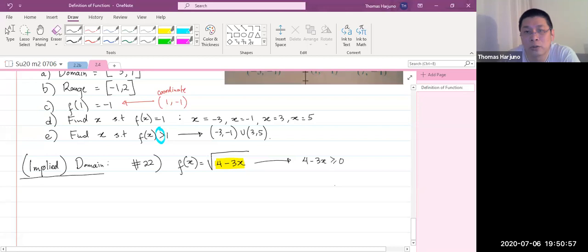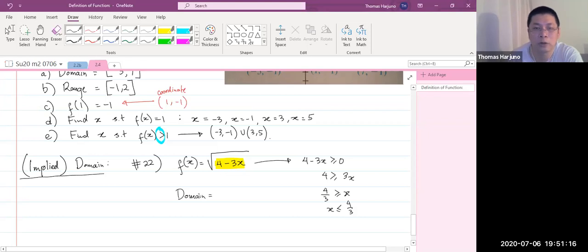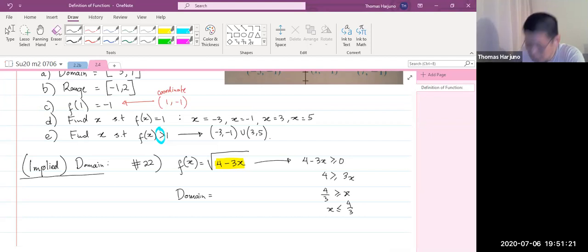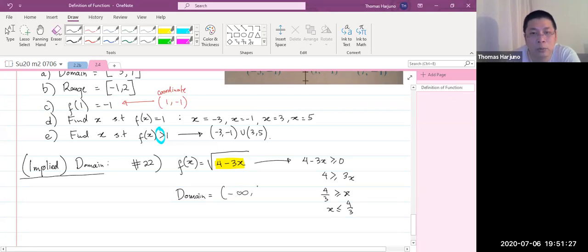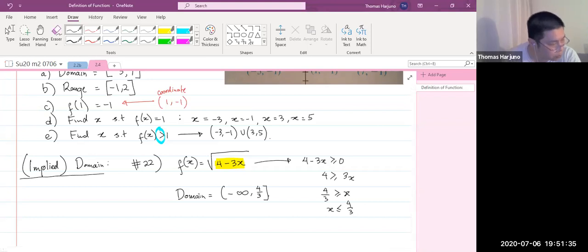Okay, and then solving it, divided by 3, so x is less than or equal to 4/3. So the domain is in interval notation because it is an inequality. If I don't tell you anything, then the solution should be written in interval notation. That would be negative infinity up to 4/3. Okay, that's for number 22.